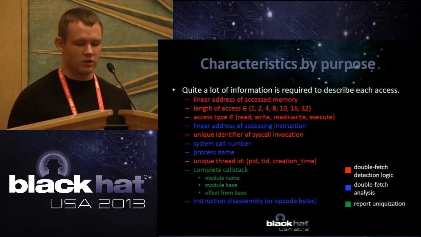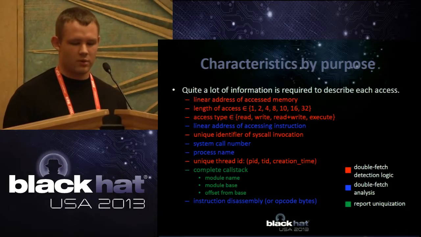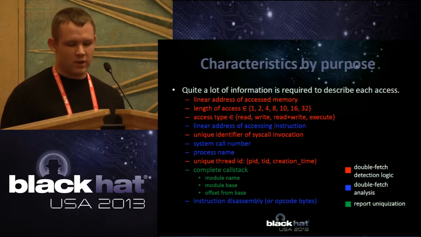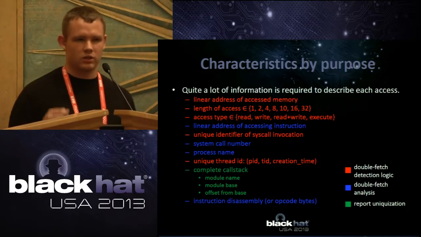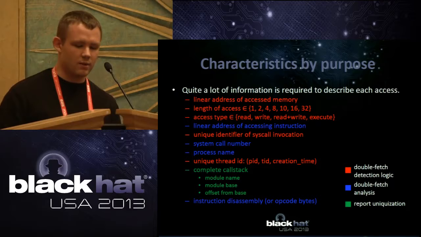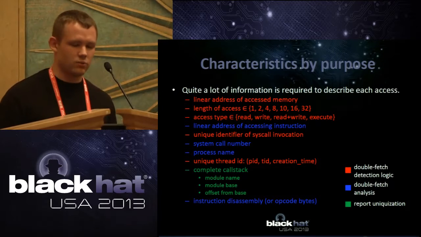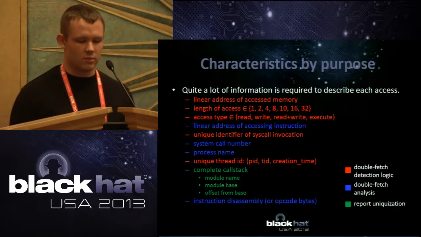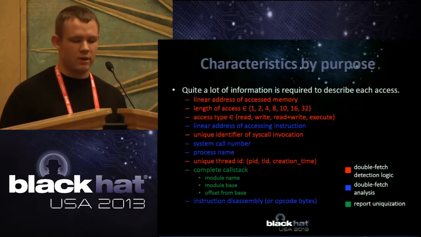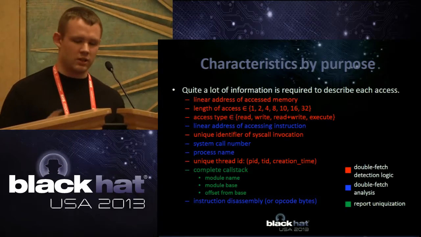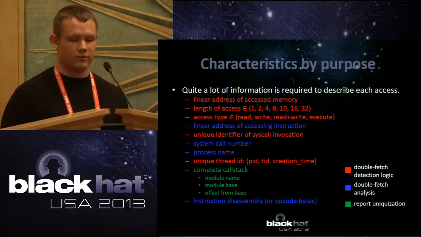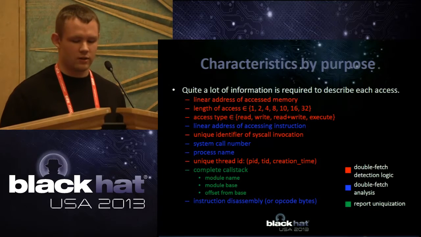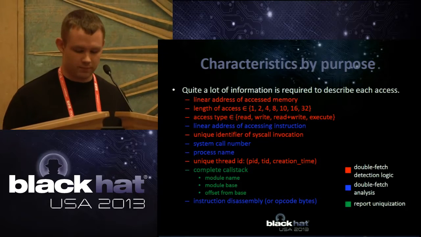This is the essential information that we need to find out if the memory pairs meet the three conditions that I mentioned earlier. Then we have the types of information that we need to perform double fetch analysis after we find the double fetches, which help us understand what is going on in the code, such as the instruction disassembly or the number of the system call and stuff like that. And then we also have information which helps us find the unique issues, so that we don't end up with a long list of duplicate issues. We have to have the stack trace to find out which cases are really the same bug.